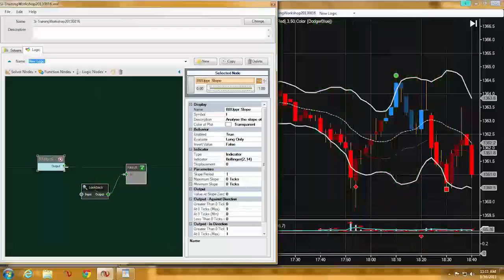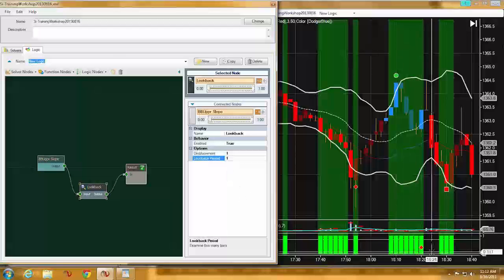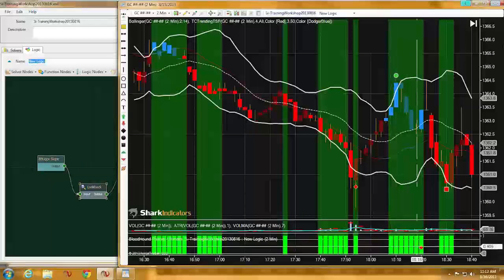All right, so I have a displacement of 1 and a look back of 1. So now we can see everything's been shifted forward 1 bar.